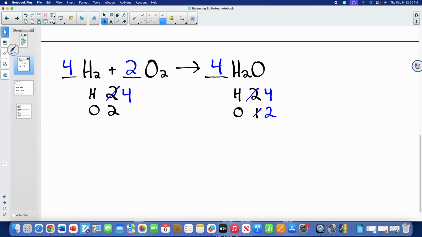But now you want to look at those coefficients and say, all right, is there a greatest common factor that they can all be reduced by? Right? So each of those could be reduced by 2. Okay? Does that make sense? That's what that lowest whole number ratio, step 5 of the balancing, means.